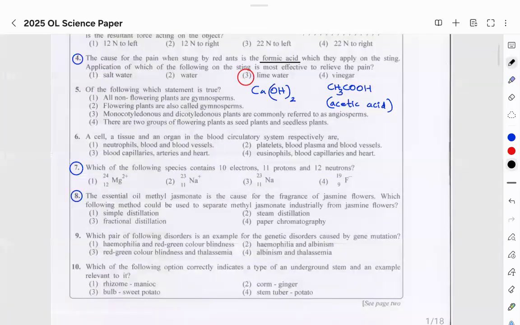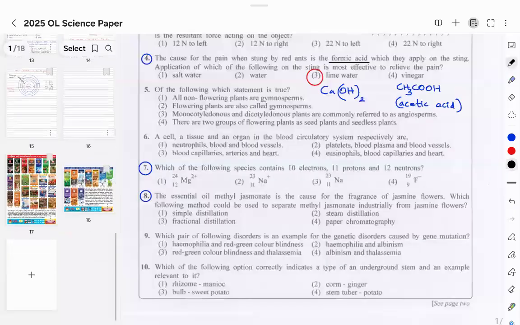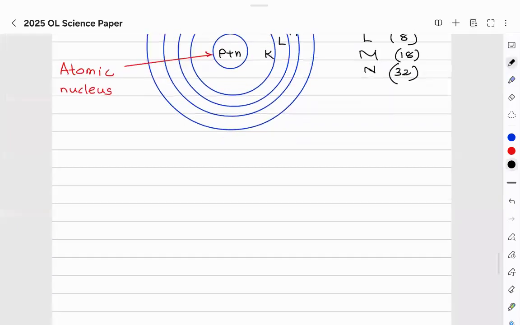Which of the following species contains 10 electrons, 11 protons, 12 neutrons? What is the answer for this one? Students, they have given 10 electrons, 11 protons, and 12 neutrons. Look at that carefully.